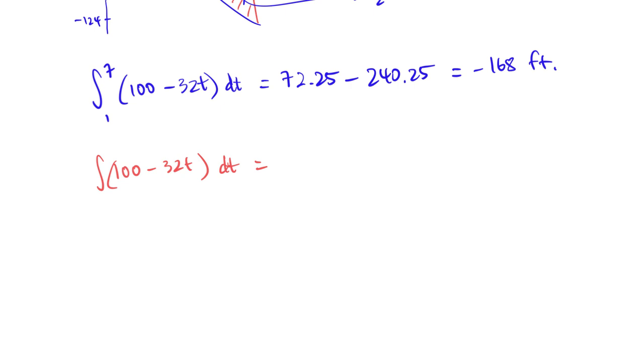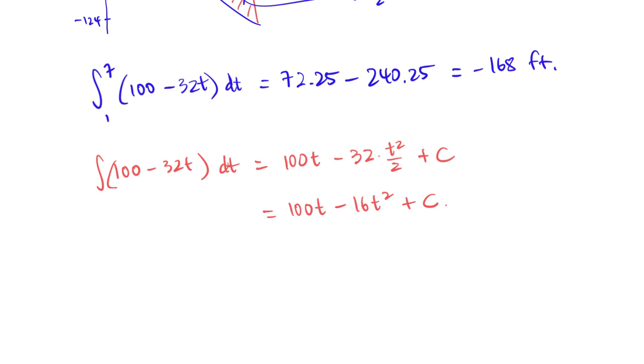The antiderivative of 100 with respect to t is 100t. Minus 32 is a constant multiple. The antiderivative of t is t squared over 2 using the power rule. And don't forget a plus c, a constant of integration. Simplifying this, we have 100t minus 16t squared plus c.